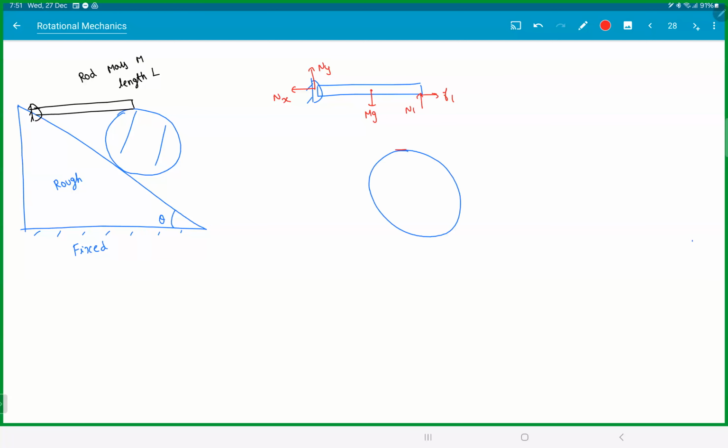For the cylinder: F1, N1, your own weight mg, N2. Remember, normal should pass through the center. F2. Check your FBD. This many forces should be there, 5 forces on each.